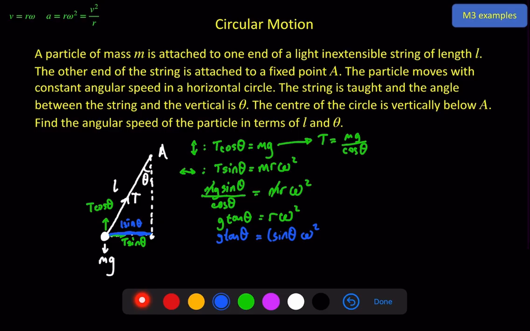So actually, I shouldn't really have turned that into a tan. I'm going to cancel the sines now. And that gives me g over L cos theta equals omega squared, which is fairly horrible, but it is in terms of L and theta. We get omega is equal to the square root of g over L cos theta.